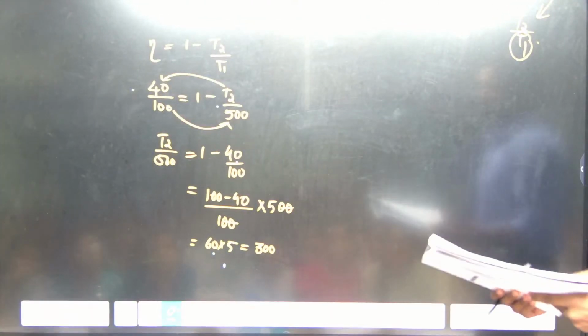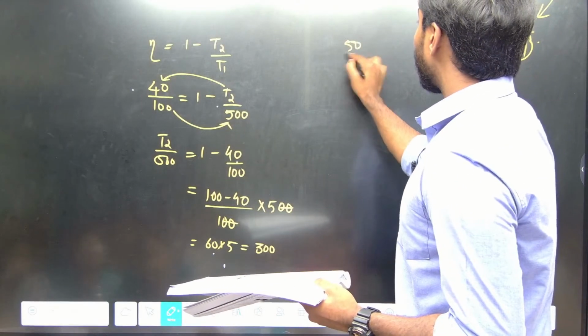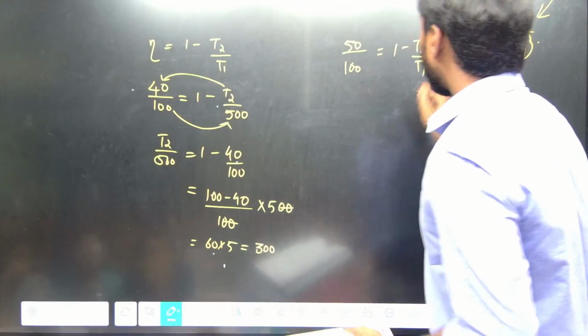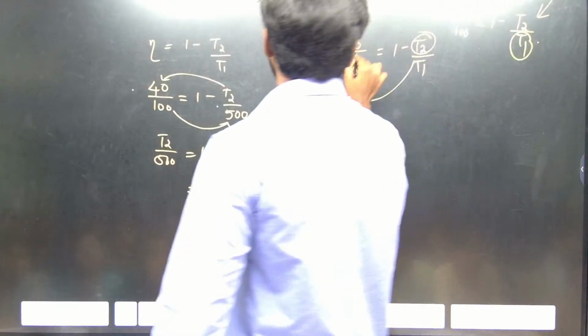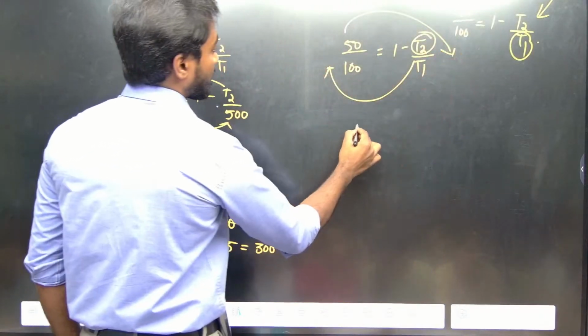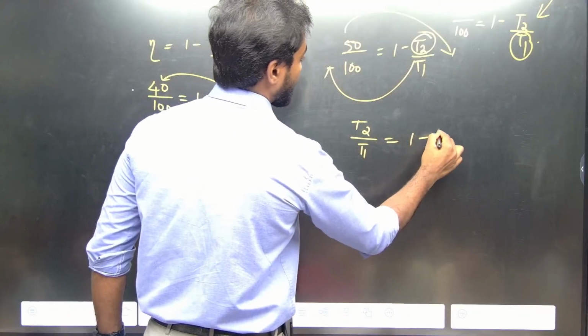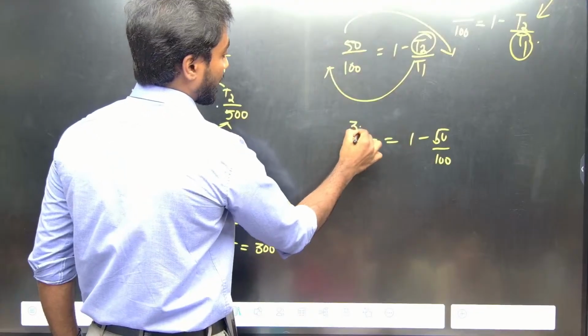So now the efficiency they have given is 50%, no? So 50 by 100 should be equal to 1 minus T2 by T1. What is T2? 300. So I will take this term this side and the other term that side. So T2 by T1 should be equal to 1 minus 50 by 100, and this T2 is 300.